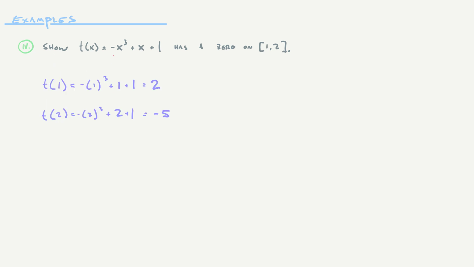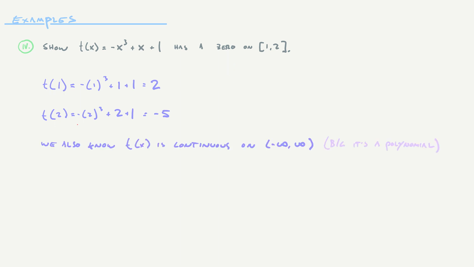So what I did is I evaluated the function t at 1 and at 2 because we need some y values. Z, in this case, is actually 0. We're trying to figure out that this thing has a 0, so we want to know, is 0 between the two, is there a 0 that's between the two outputs that are defined by the x coordinates of our interval here. Okay, so I first got those values.